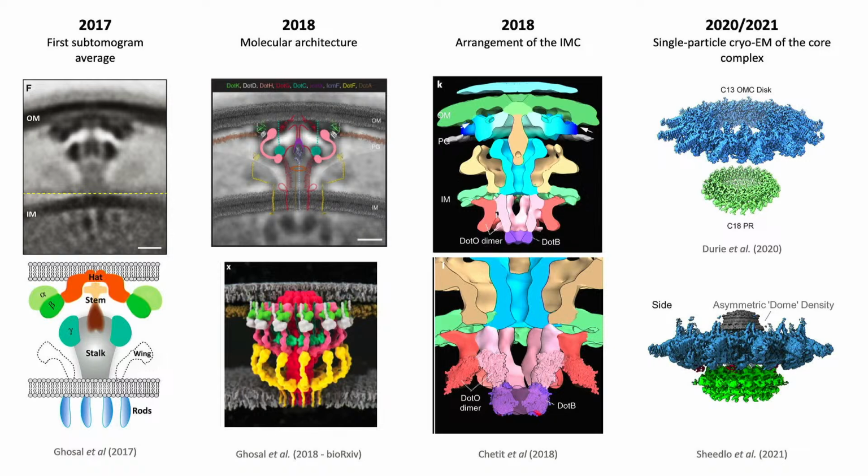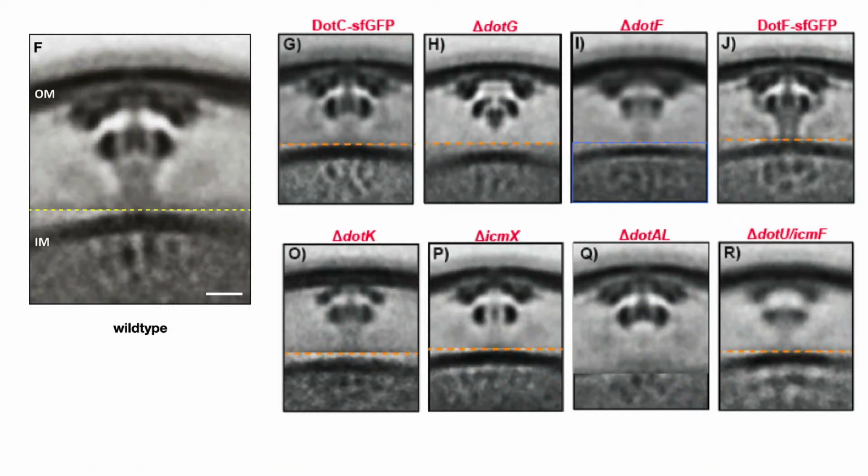Then in 2020 and 2021, Melanie Ohi's group was able to solve single particle reconstructions of subcomplexes within this larger macromolecular machine, and they reached resolutions where they could fit models. And so that was a really helpful addition.